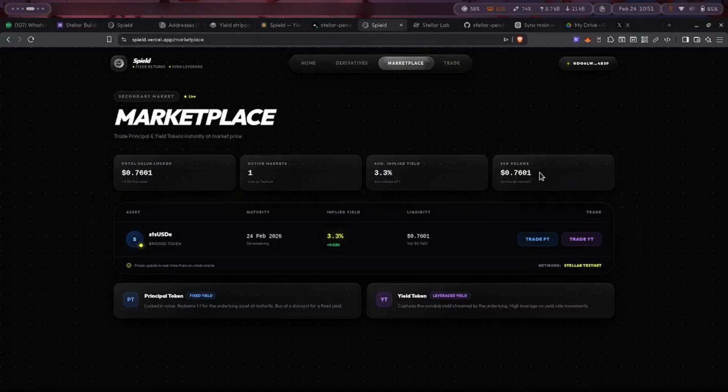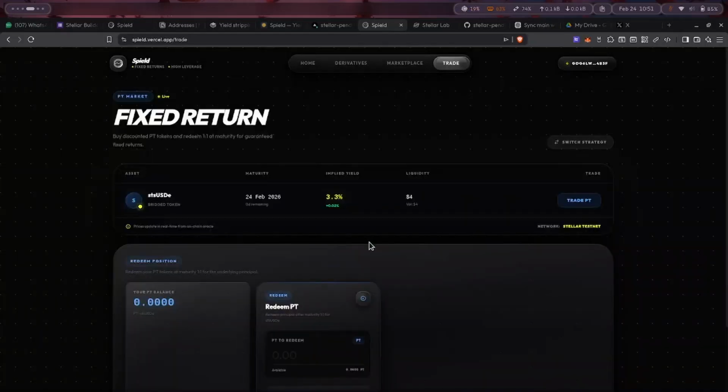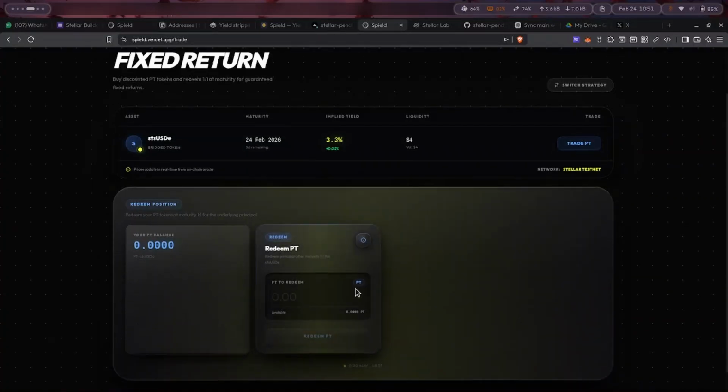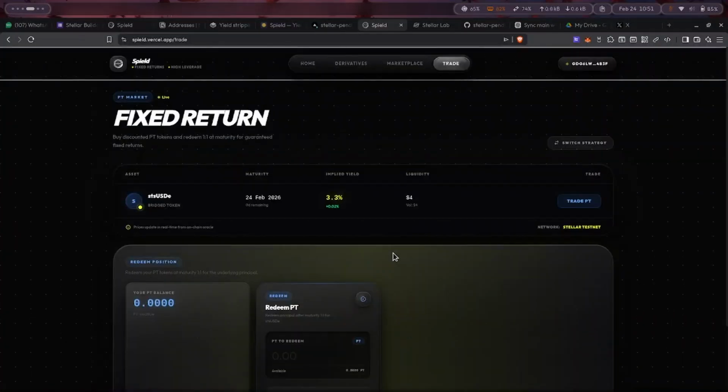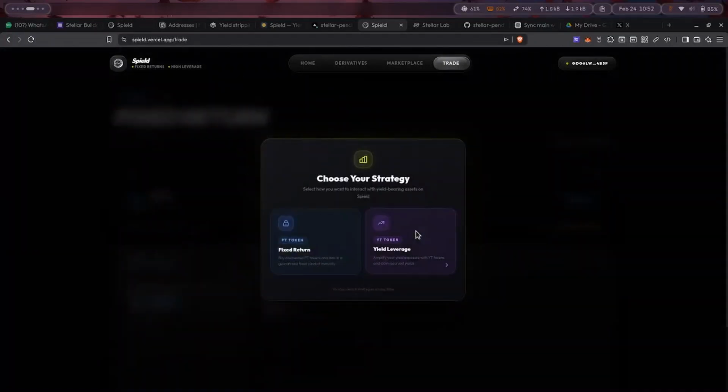Now we can see all these are getting updated live in the marketplace, and for the common users, obviously the normal interface is one way to interact. Another easy way to interact is for them to just select what kind of trades they want to go. Like here we saw earlier that there were two options: fixed return, and we can change the strategy to yield leverage.